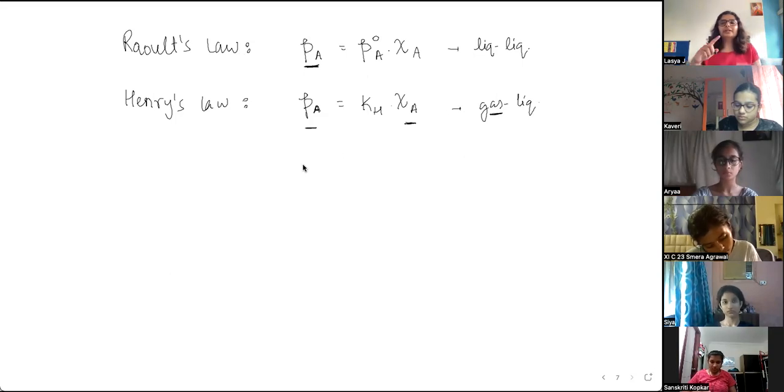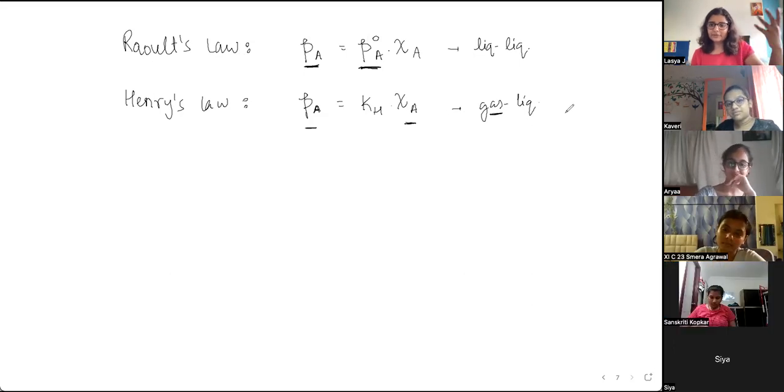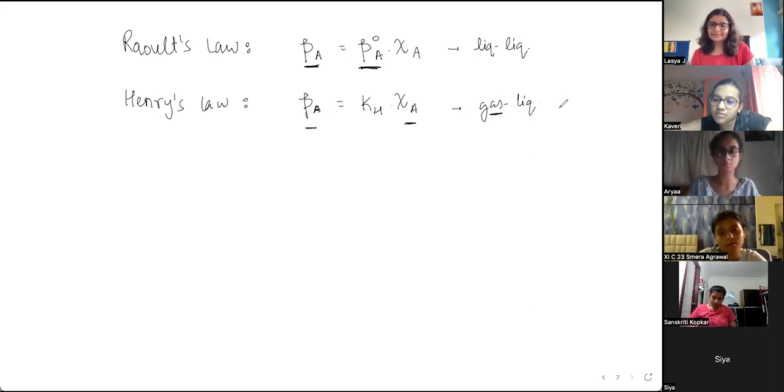Okay, so the situation is like this. We talk about vapor pressure because liquid is evaporating into gas and they are in equilibrium. What if all of the liquid has evaporated into gaseous phase? Like what if there was no liquid phase at all? Okay, so that's where we get into Henry's law territory, where the gas is dissolving in liquid rather than two separate liquids.